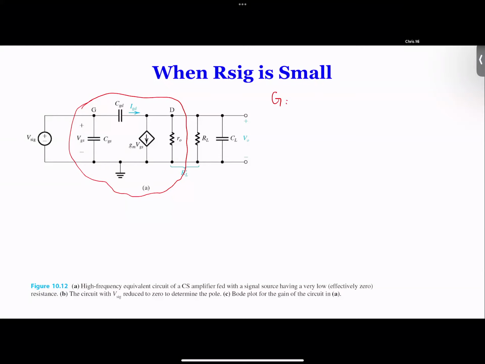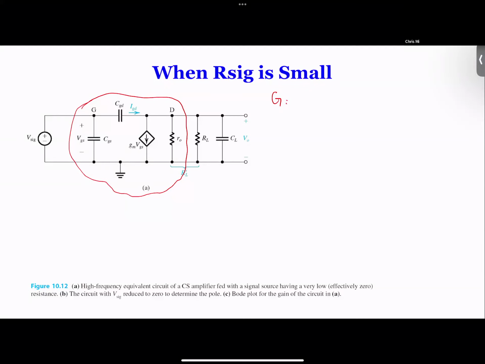Now, the problem over here is that VSIG is a voltage source, and we need the current on that branch. Can we determine what current? Can we write it? It's a voltage source. There's nothing connected. So therefore, we cannot write current on VSIG.